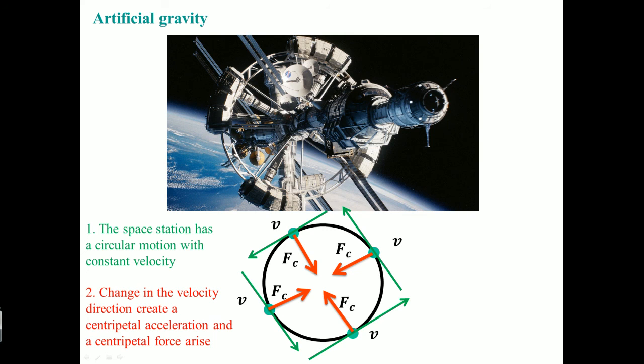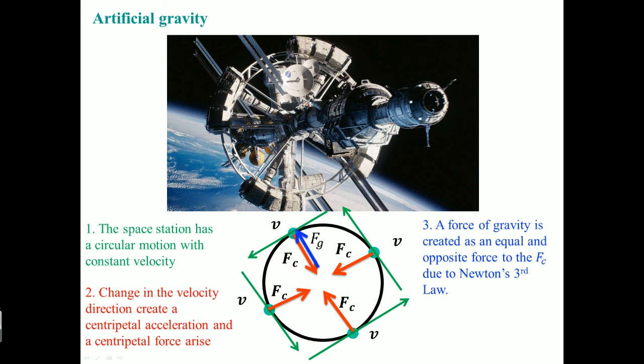Due to Newton's third law, every force has an equal and opposite force. And that equal and opposite force is going to be the Fg. The force of gravity is created as an equal and opposite force to the Fc due to Newton's third law. Here, you just created gravity.